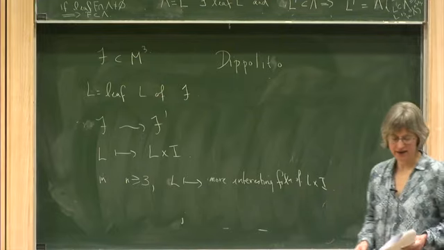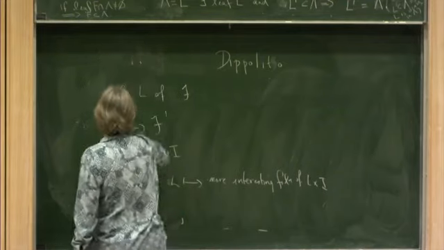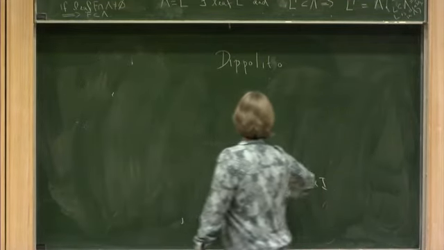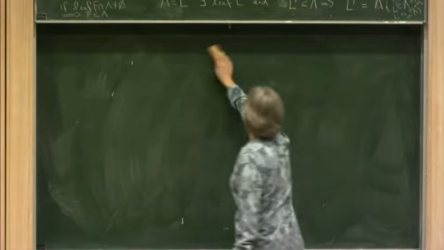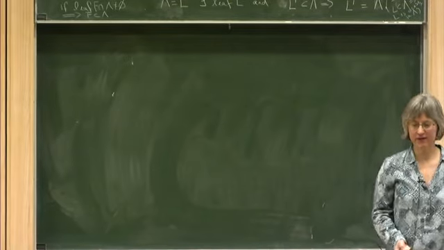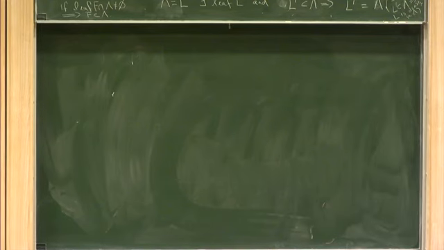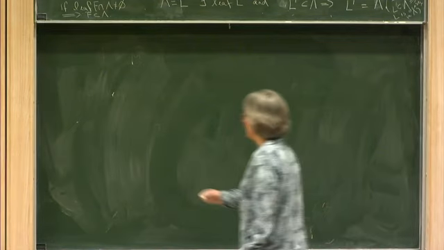But in general, there's a result due to Cantwell and Conlon, which tells you that even if you restrict to smooth foliations, C infinity foliations, any surface, including any non-compact surface, can be realized as the leaf of a smooth foliation.